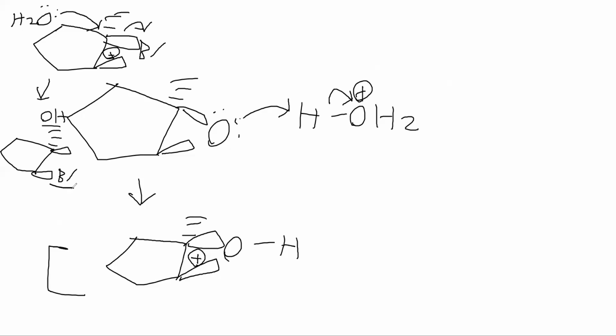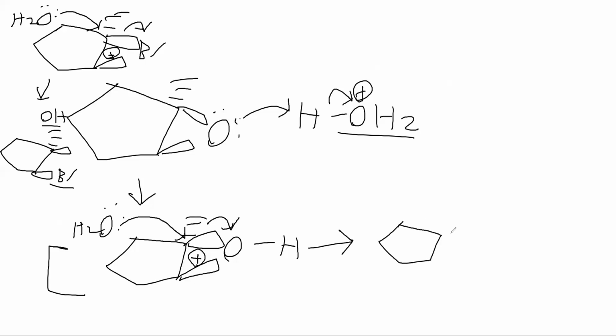So the alcohol and the bromine are trans to each other. And that trans stereochemistry is relevant here too, because we're going to have that water that formed when this happened come in and break this bond. So now this will be here.